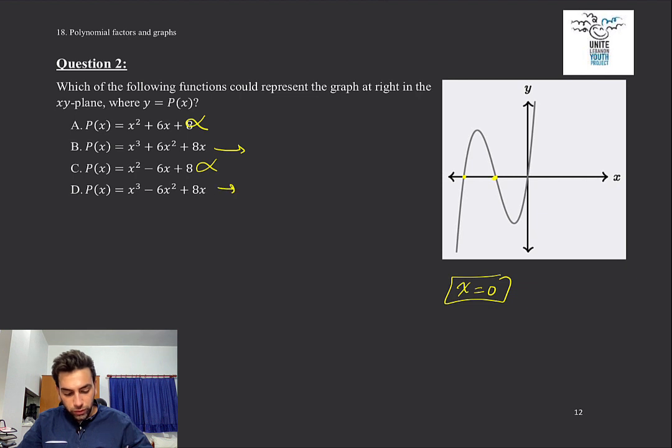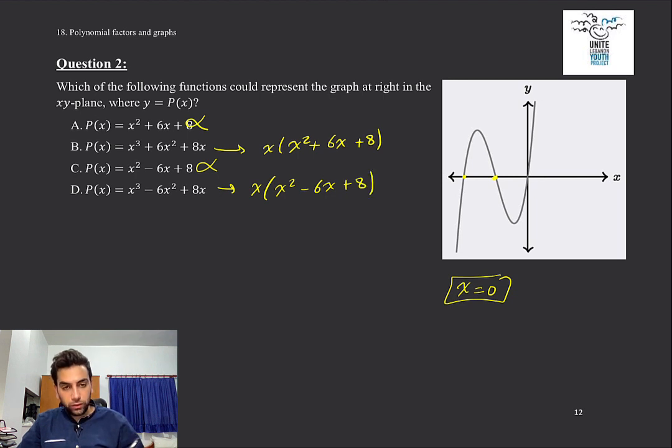Factorizing those two, you would get x times x squared plus 6x plus 8 and x times x squared minus 6x plus 8. Now, those two are factorized into the following two forms. So x times x plus 4 times x plus 2, and x times x minus 4 times x minus 2.